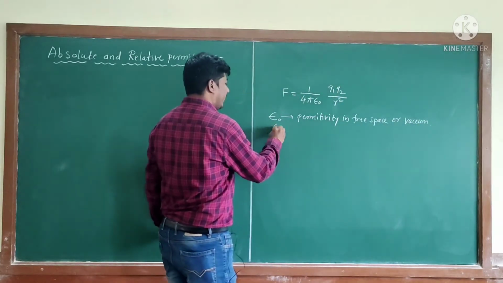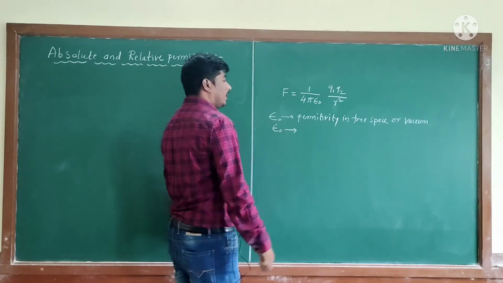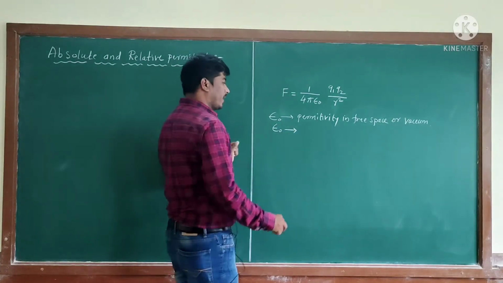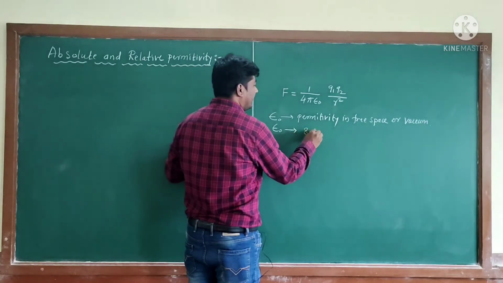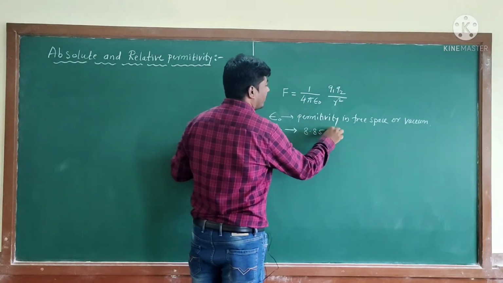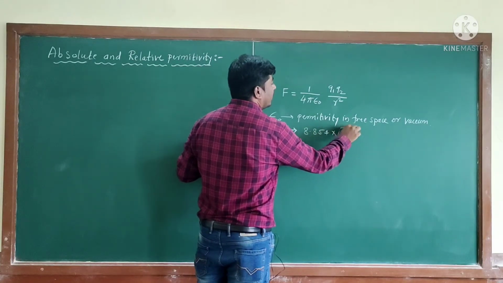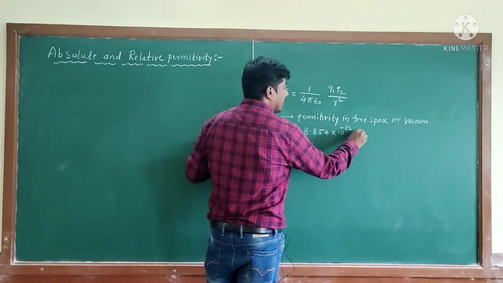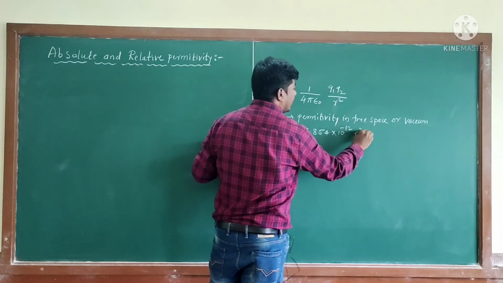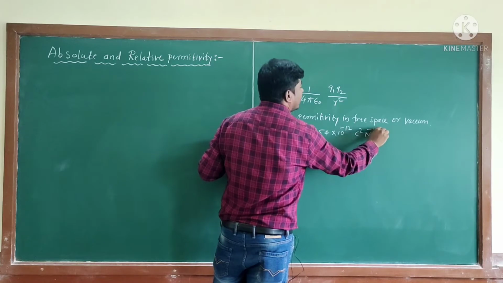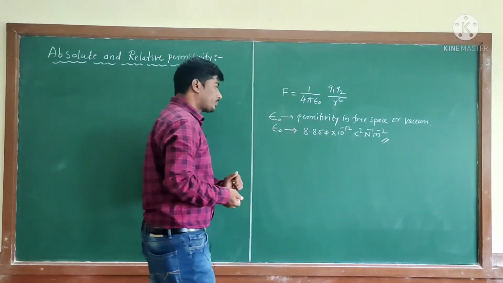The value of this permittivity in free space or vacuum is 8.854 into 10 to the power minus 12 Coulomb square per Newton per meter square.